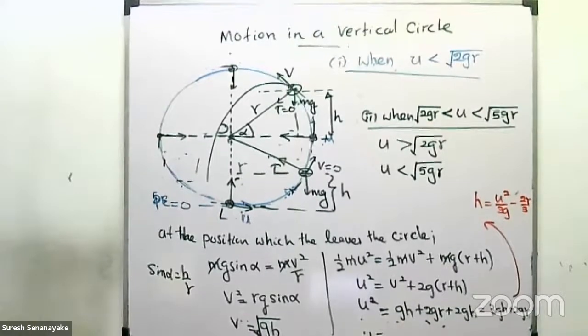A nail is located a certain distance vertically below the point of suspension of a simple pendulum.